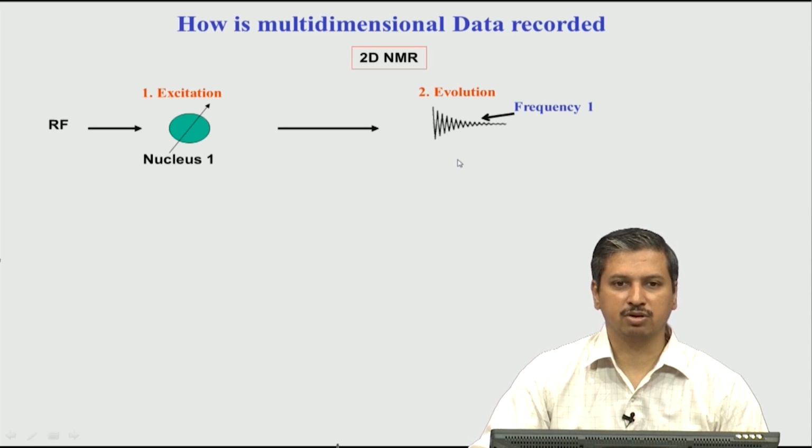Remember we saw the J coupling can be 2 bond or 3 bond in the case of protons, whereas in the case of carbon and hydrogen it is 1 bond. Right now let us focus only on hydrogen to hydrogen coupling, because for carbon you cannot do it with the scheme which I am showing now; for that you need a slightly different scheme. So we will now look at only the proton to proton correlation.